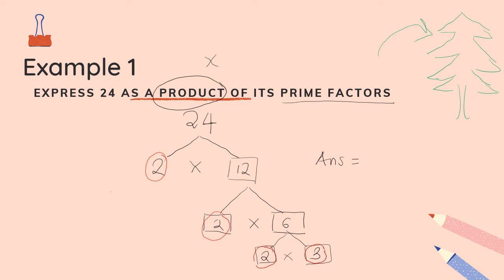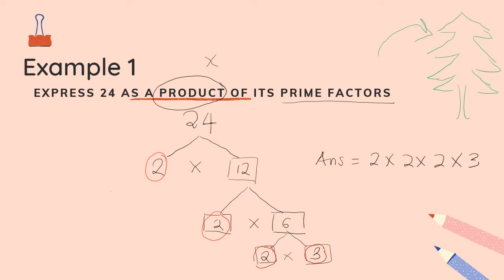So the answer is 2 times 2 times 2 times 3. Can you see how this working looks like a Christmas tree? That it branches out like a tree. Yeah.